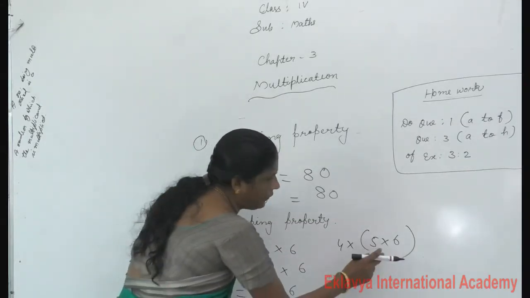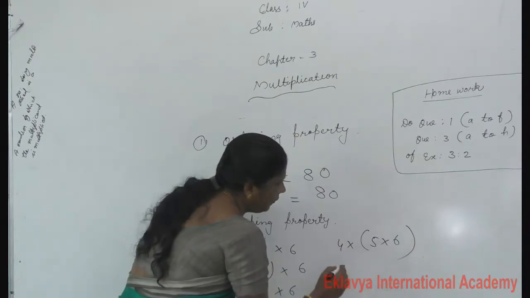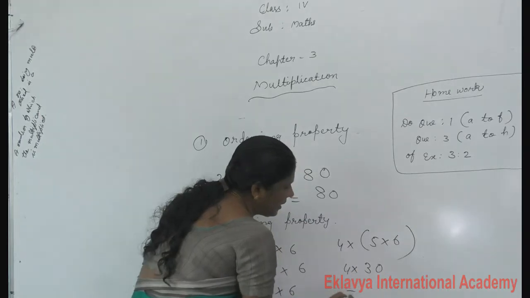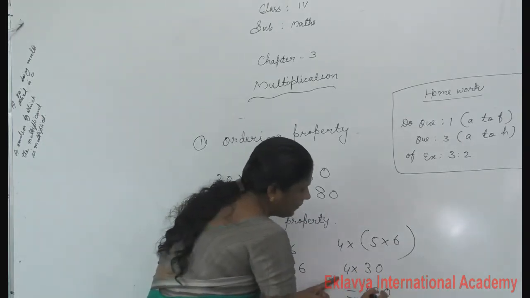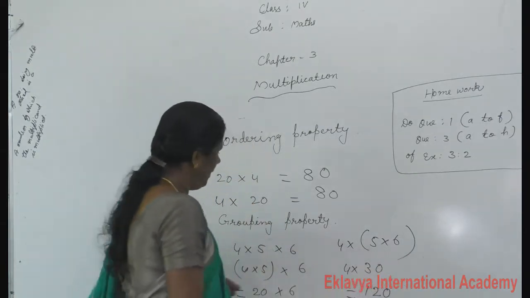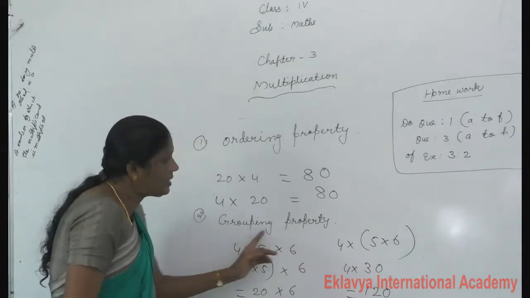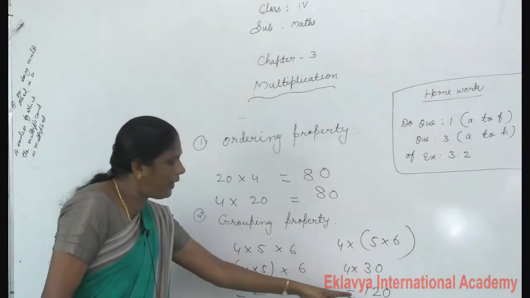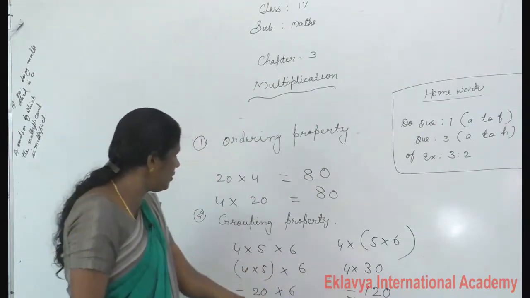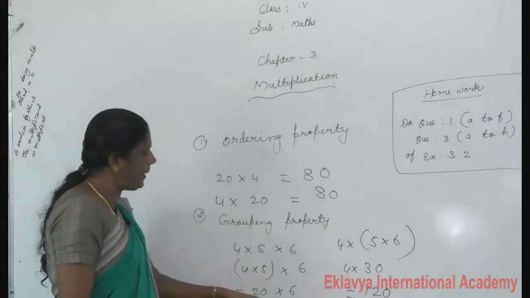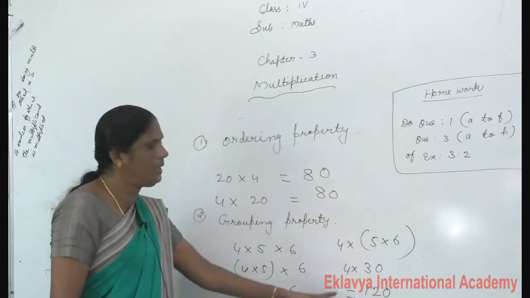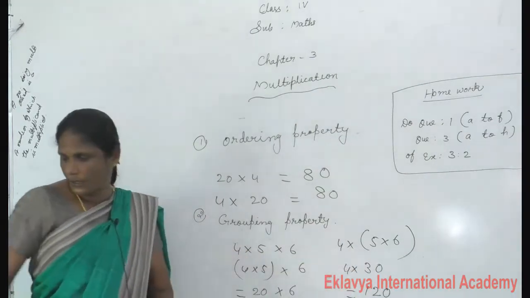First we multiply 5 6s are 30, 4 multiply 30 is equal to 120. Here I change the group, but the final result is not changed. This property is called the grouping property.